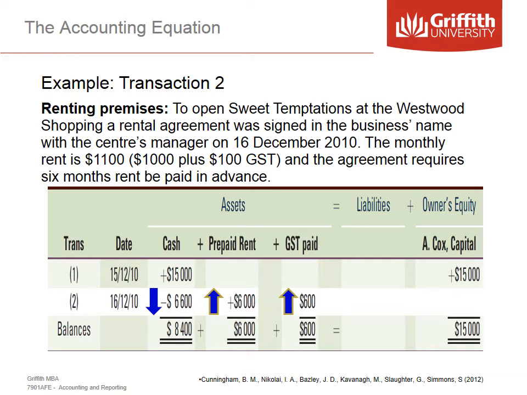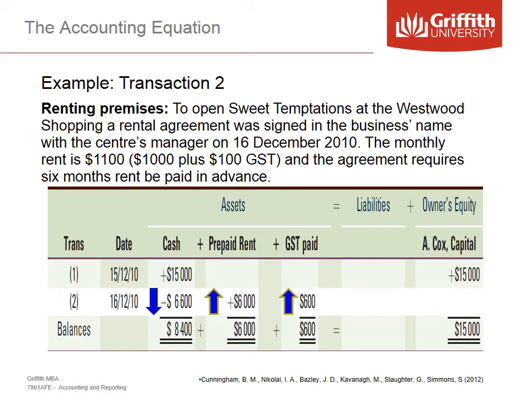Now, to make that payment, Anna will have to draw cash out of the bank account, so the balance on cash will go down by $6,600, and the accounting equation records the fact that the cash went down, but it was used to pay for, in this case, two things: rent for 6 months in advance and some GST on the purchase.